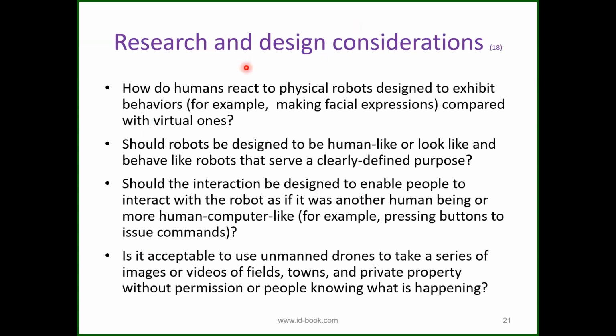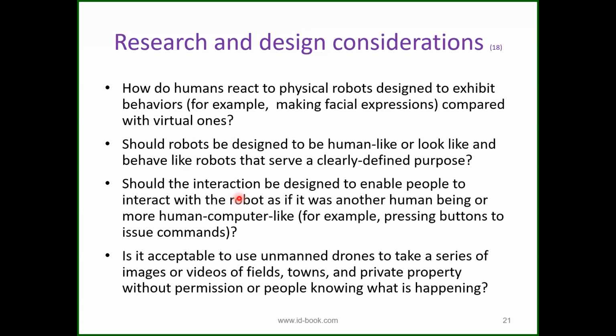The design considerations the HCI professional has to take care of. How do humans react to physical robots designed to exhibit behaviors, for example making facial expressions, compared with virtual ones? Should the robots be designed like a human being or like a machine?